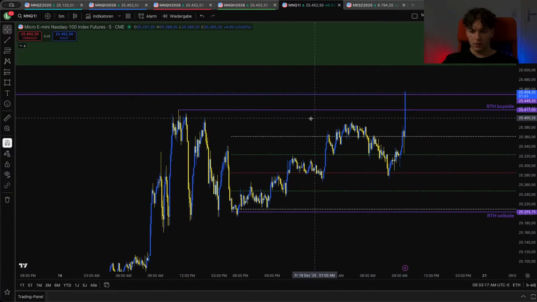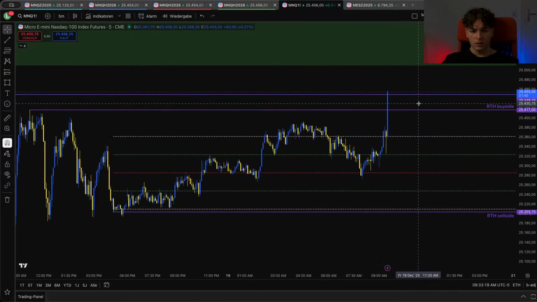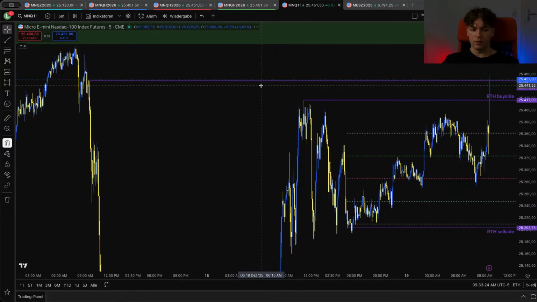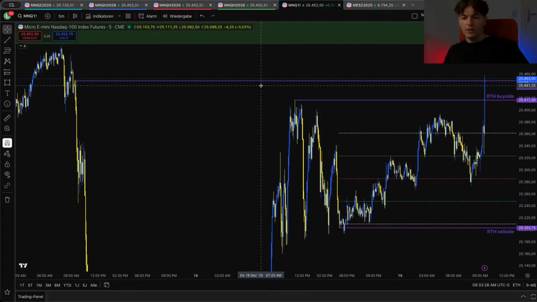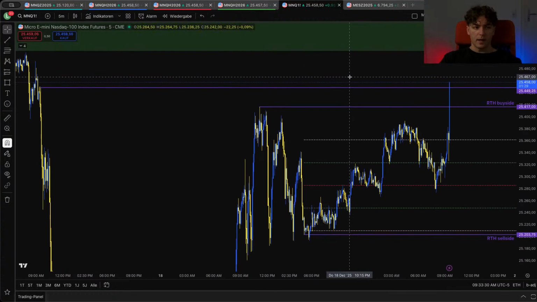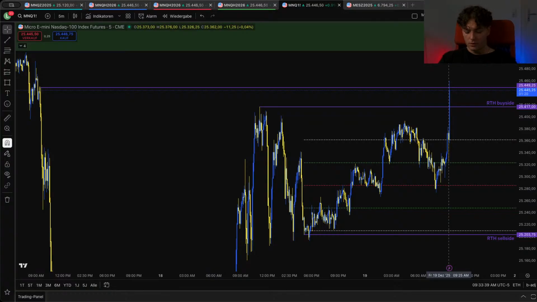Okay, so we actually have taken out all the buy side necessary, or that would be realistic to view as manipulation. So now would be the time to look for a market structure shift to the downside.